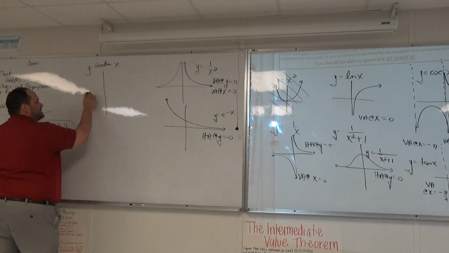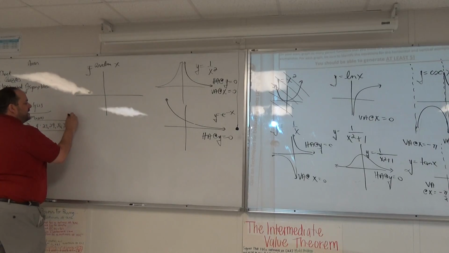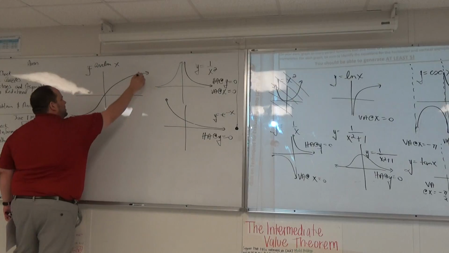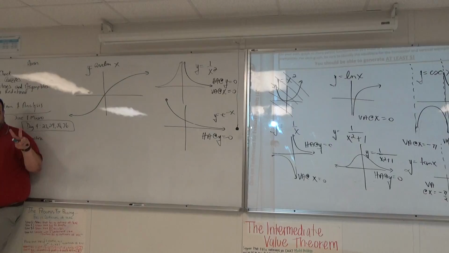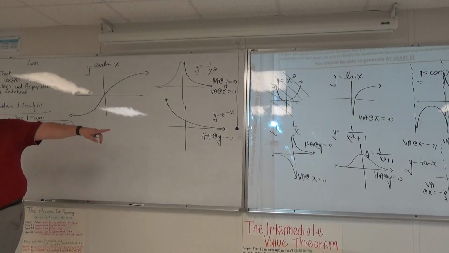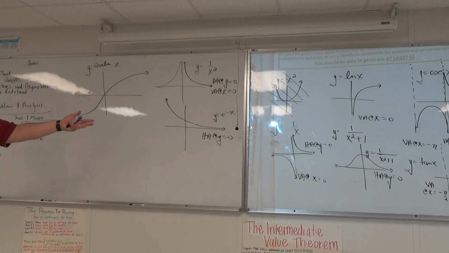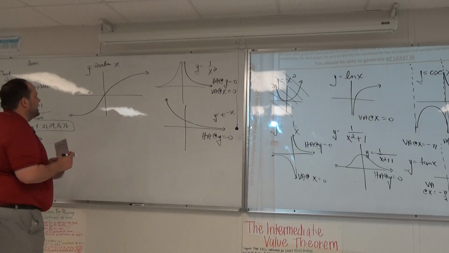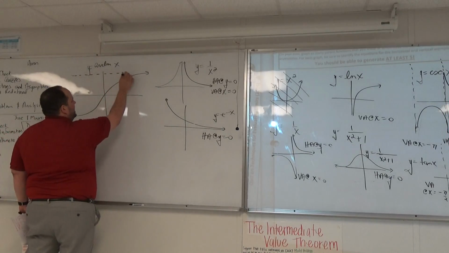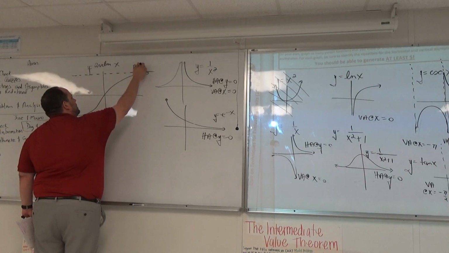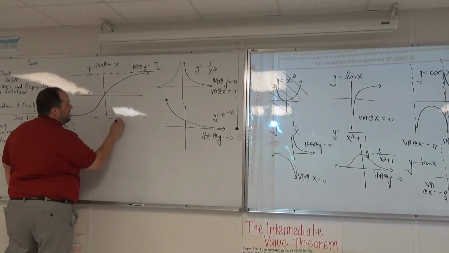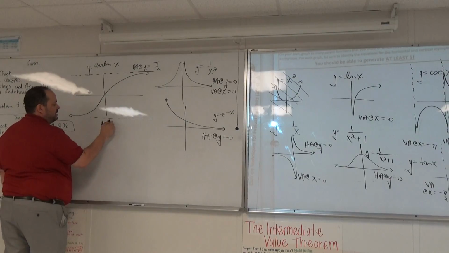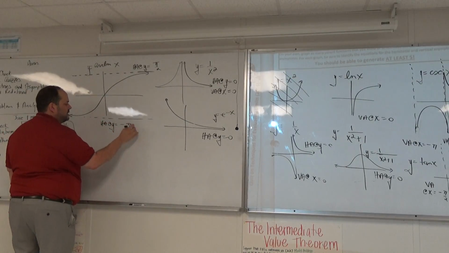The graph of arctangent of x is a special one because it has 2, count them, 2 horizontal asymptotes. All the other ones that we have over here have 1 horizontal asymptote or no horizontal asymptotes. But the graph of arctangent has a horizontal asymptote over here at y equals pi over 2, and another horizontal asymptote over here at y equals negative pi over 2.